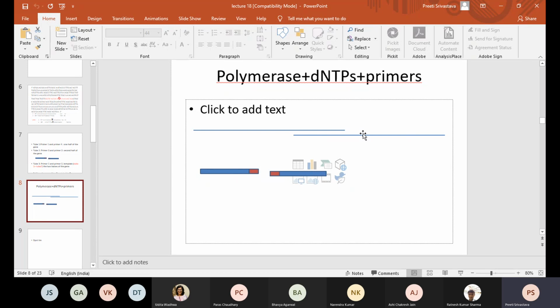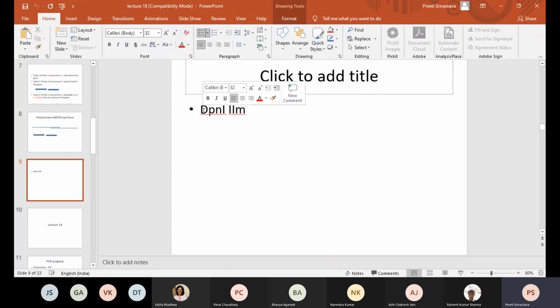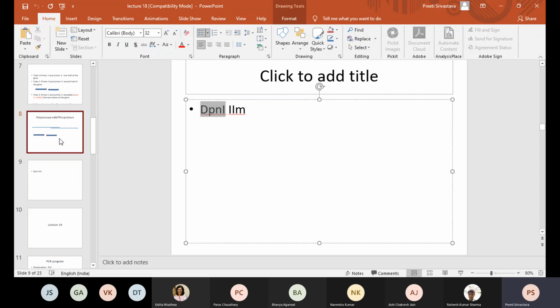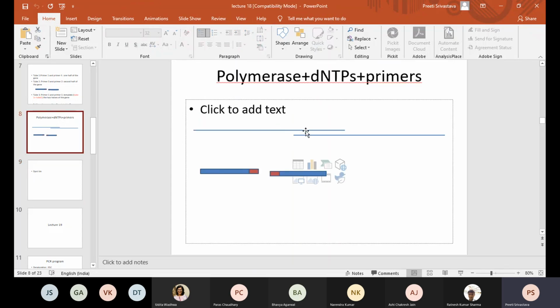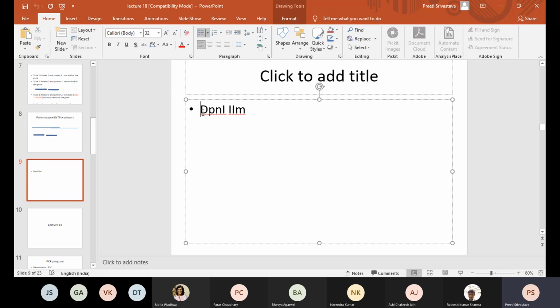And therefore, class, this technique of PCR is also called overlap extension PCR, because in this case the overlap is being extended. This is the overlapping region and this is being extended with the help of dNTPs. So therefore, this is also called overlap extension PCR.